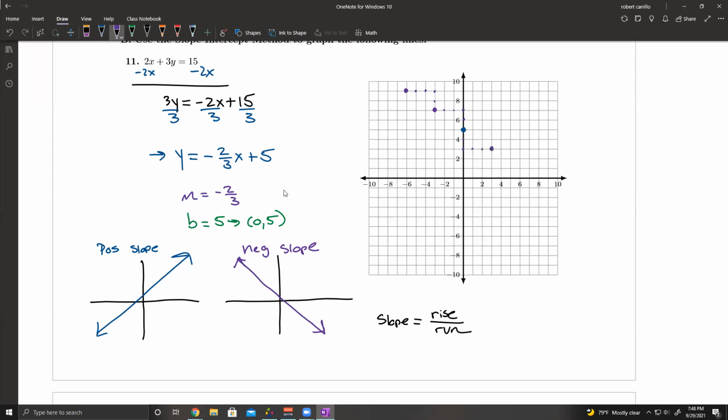There's my next point. The more points, the better. I say 3 to 5 points is perfect. So let's get one more point: down 2 units and run 3 to the right. 1, 2, 3. 5 points is great.